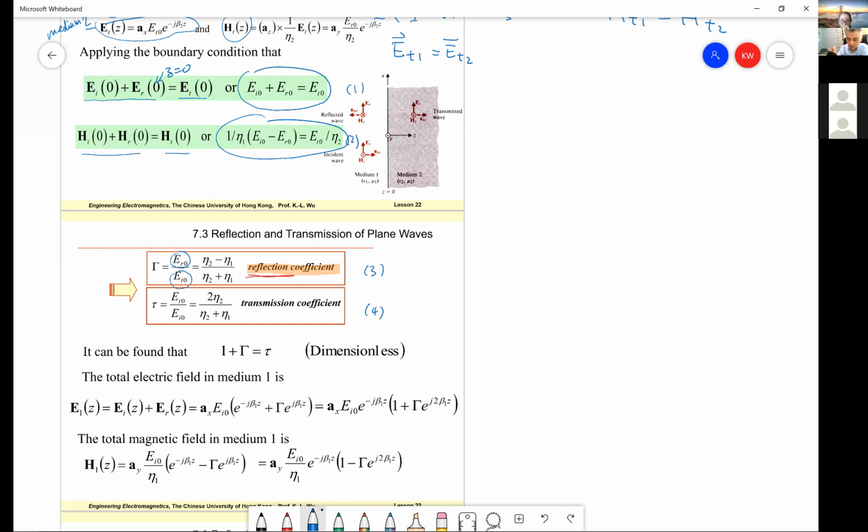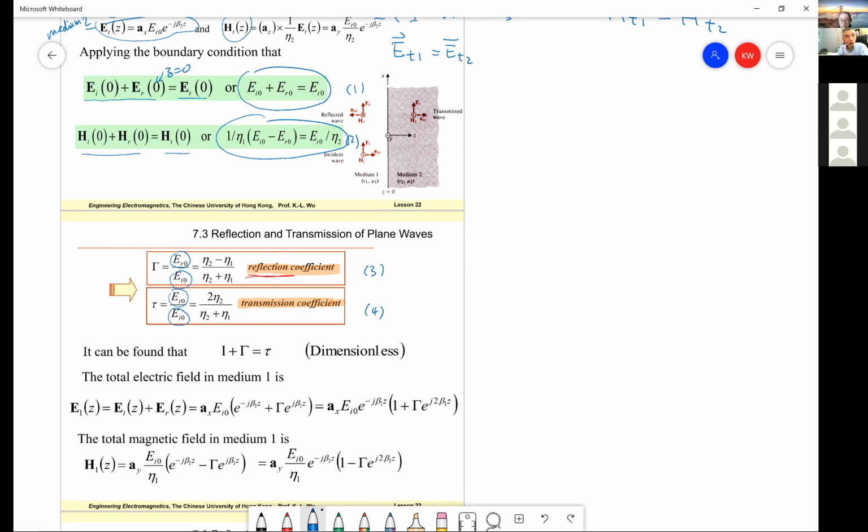We can define the transmission coefficient, okay? The transmission coefficient describes how to determine the magnitude of the transmitted wave in terms of the incident wave, right? Okay, these two coefficients describe the reflected wave and transmitted wave relative to the incident wave.